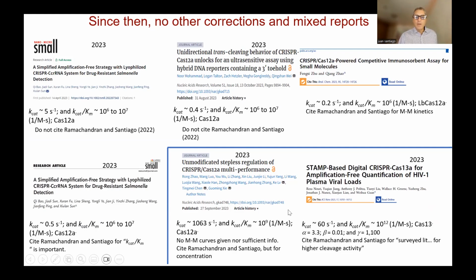On the bottom right here, I show 2 examples where people are still reporting extremely difficult to reconcile numbers that are crazy high. So here's a kcat value of 1,000 per second with 4 significant figures, right, on something that should be within a factor of 2, and probably for this Cas12a, it's more like order 1 per second.